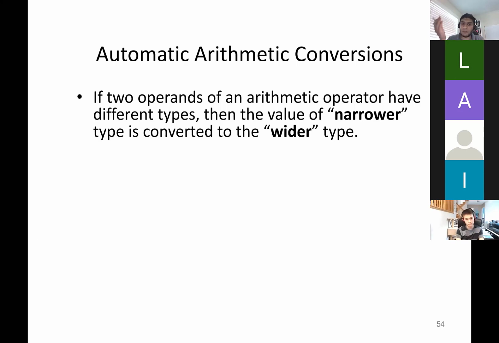But it might be a case, and in fact we tried this in one of the examples by passing, for example, a float into an int function, right? What if the expression evaluates to a type that is different than the type of the variable you are putting it in? For example, I have something like int x equal 2.5. What would happen, right? So this is generally called type conversion.